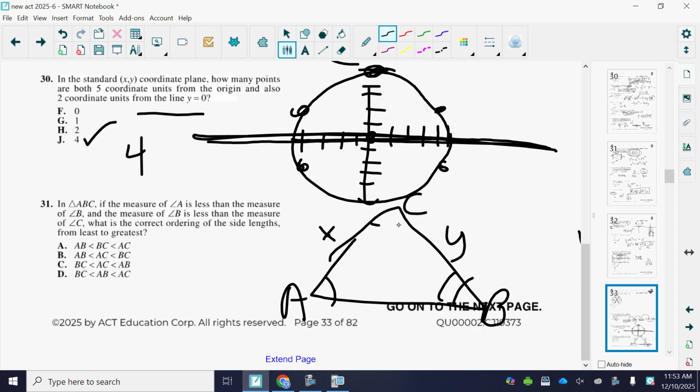B is less than C. That means what? That this one's the greatest. So AB is the biggest. That's got to be right here. AB is bigger than AC is bigger than BC.